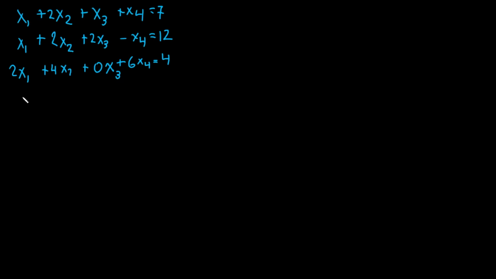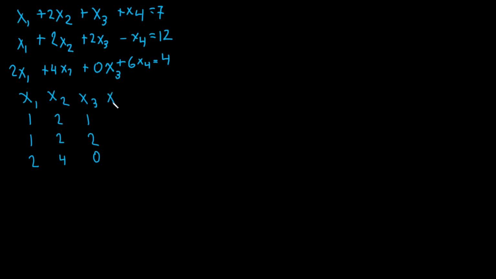So starting off, let's just say we have a column for x1: 1, 1, 2; a column for x2, which is the coefficients of x2: 2, 2, and 4; a column for x3: 1, 2, and 0. And I didn't really need to write 0 x3 here, but I did because sometimes it is represented.